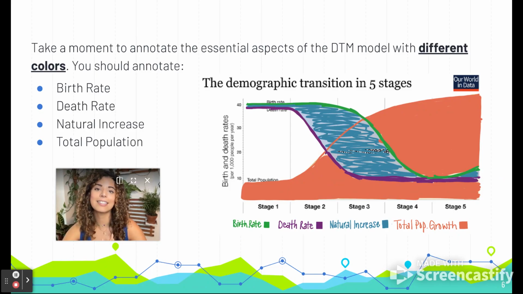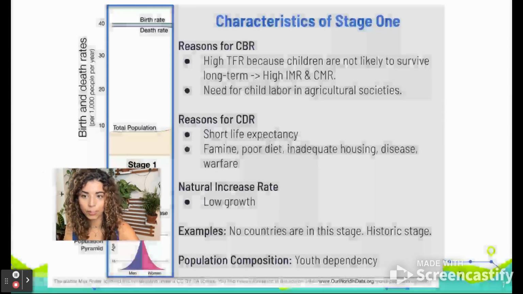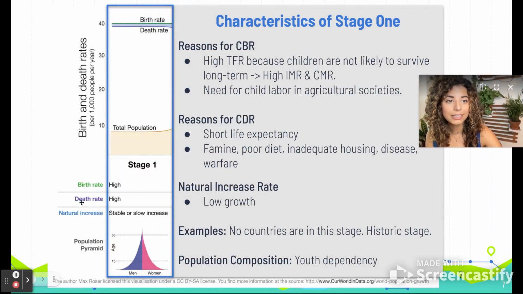So please annotate the DTM with different colors. I would suggest having that printout and writing it out, or just drawing it out completely yourself. A different color for birth rate, death rate, rate of natural increase, which is right here, and then the total population growth.